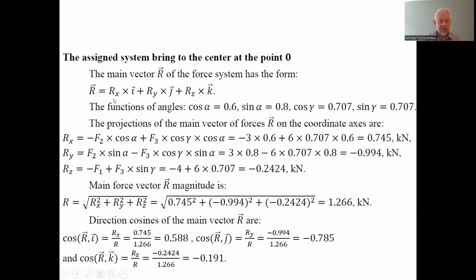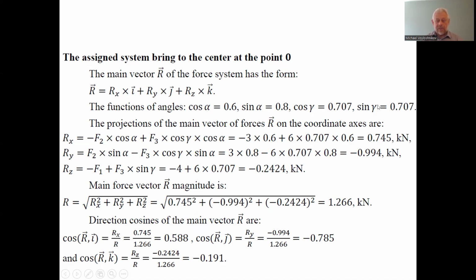The vector force is the projection of the magnitude of the resultant force onto the abscissa axis, Rx, multiplied by I, where I is the unit vector of the abscissa axis, plus Ry multiplied by J, the unit vector of the ordinate axis, plus the projection of the main force on the axis Z multiplied by K, where K is the unit vector of the Z axis.